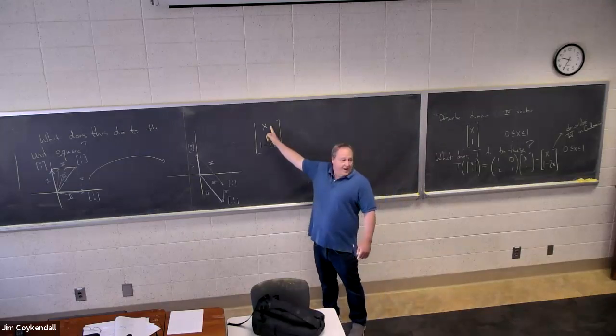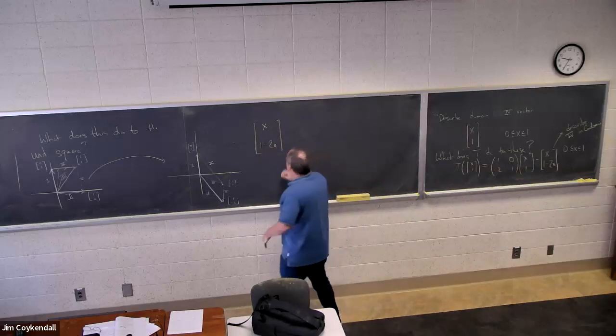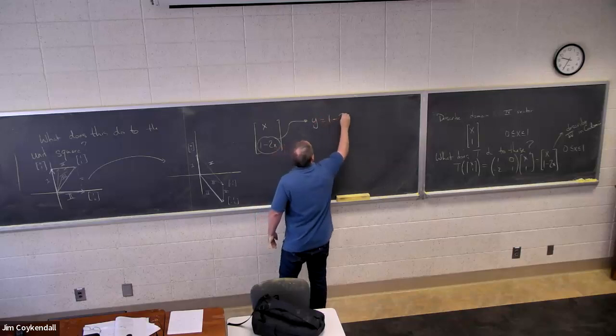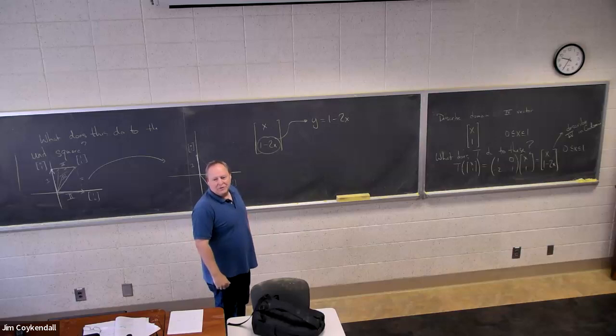Well, think of this. If you were to draw this vector, this would be your x coordinate, which I'll call x. It's between 0 and 1. And this would be your y coordinate. Agree? So doesn't this mean that your y coordinate is 1 minus 2x?